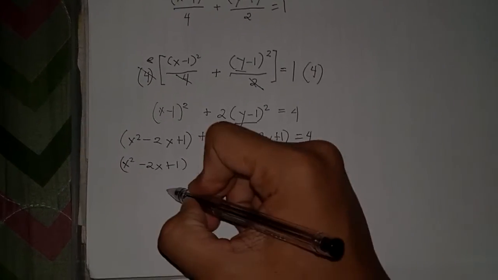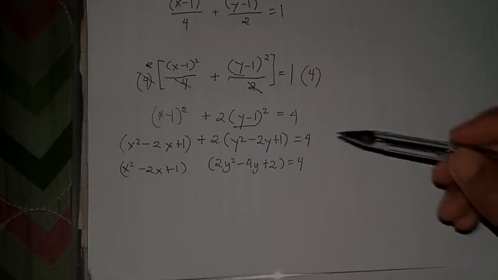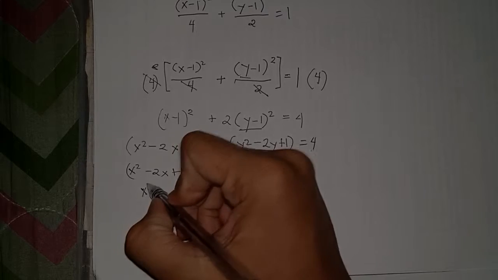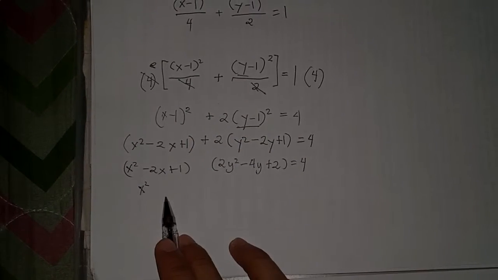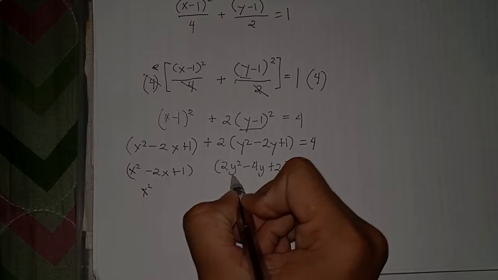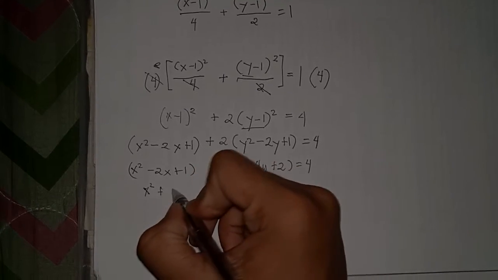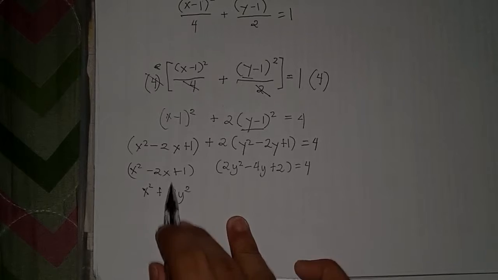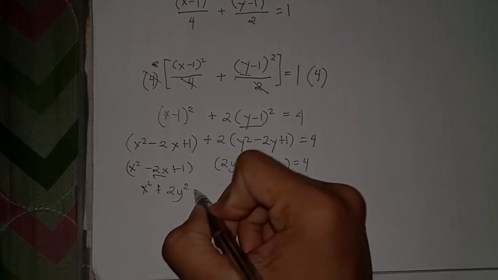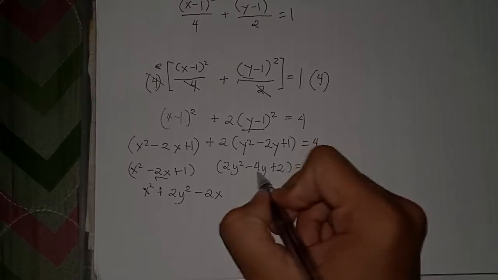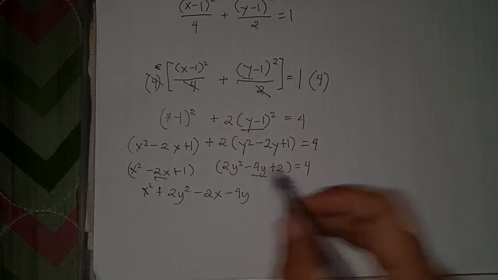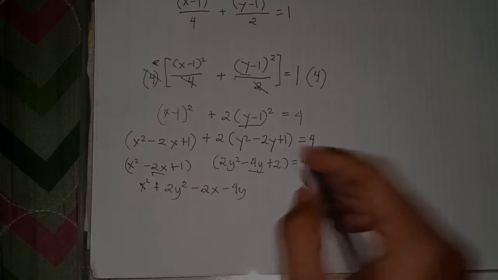And then we combine like terms: x squared plus 2y squared, then minus 2x, then minus 4y, and then let's add this.